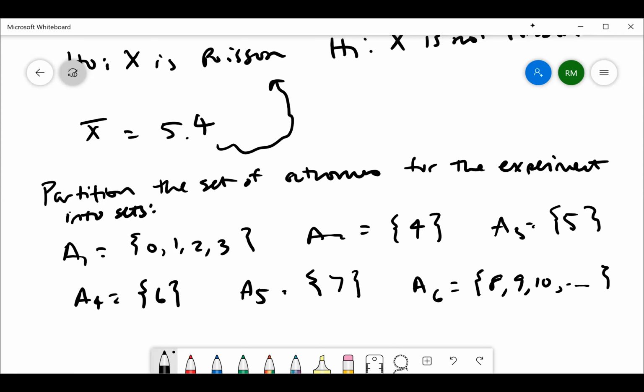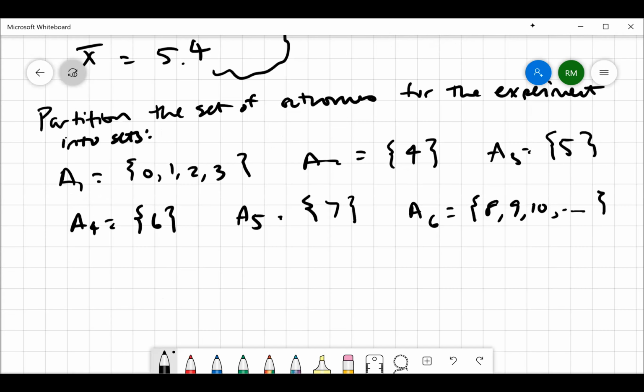Okay, so why do we have to combine these into groups? We had to combine these into groups so that the expected number of outcomes for each set would be at least 5 if the null hypothesis is true.